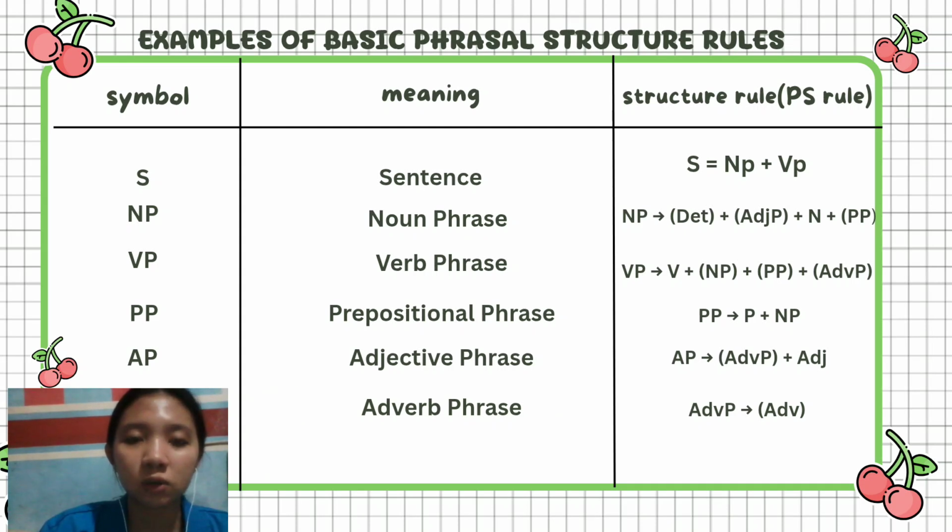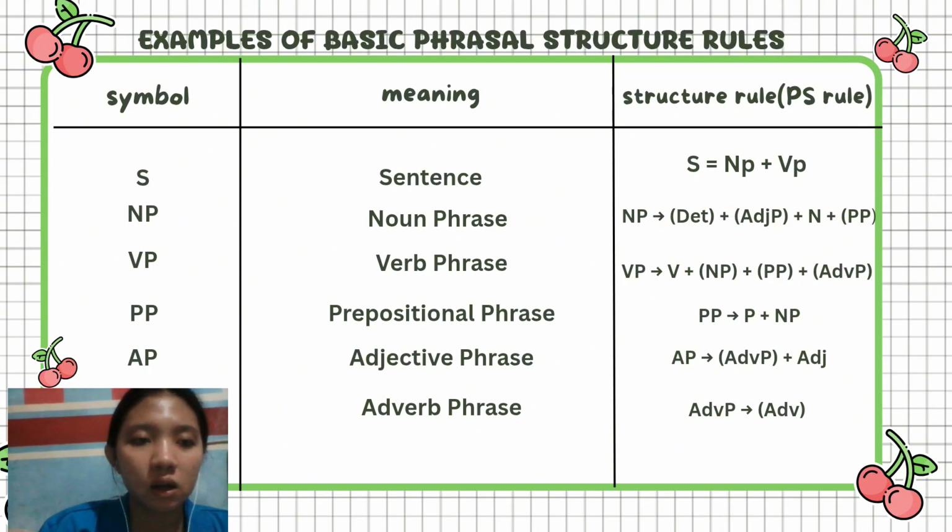The structure rule is, in a noun phrase, there is a determiner plus adjective phrase plus noun plus prepositional phrase. Third, VP, meaning verb phrase. The structure rule is VP to verb plus NP plus prepositional phrase plus adverb phrase.